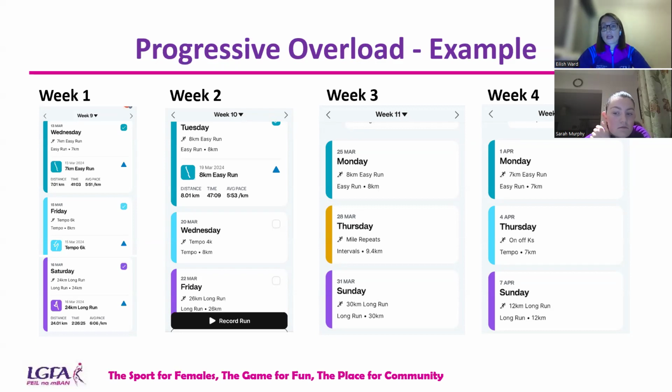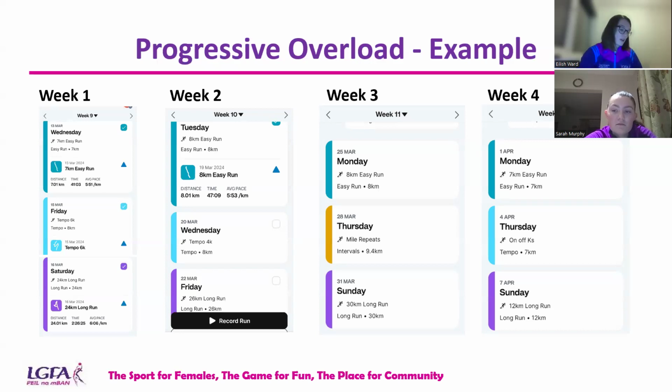This individual is actually on their third block of training. So before they got to this stage, they didn't just start week 1 with a 24K long run. I think on their week 1, their longest run would have been 8K. So this has been built up over a period of time.